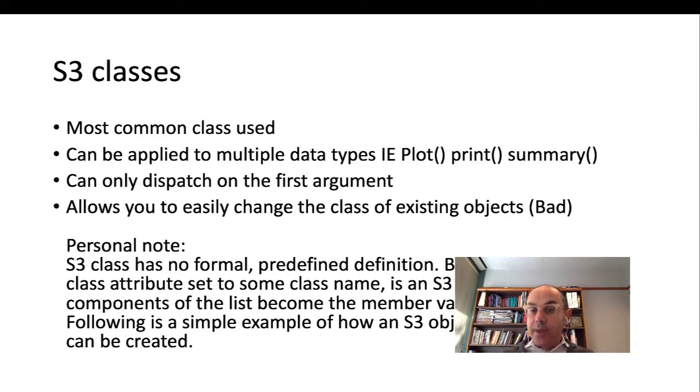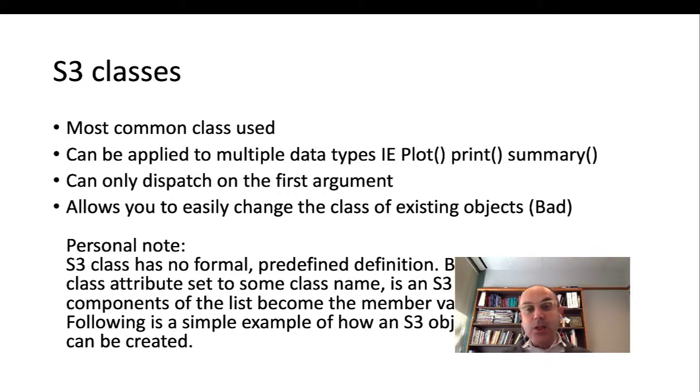The most commonly used class. It can be applied to multiple data types, and it can be applied to print a summary. It can be dispatched on the first argument, and allows us to change the class of an existing object. So the S3 class has no formally defined definition.